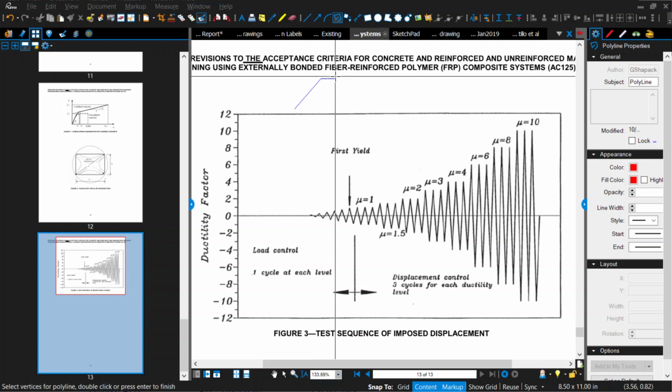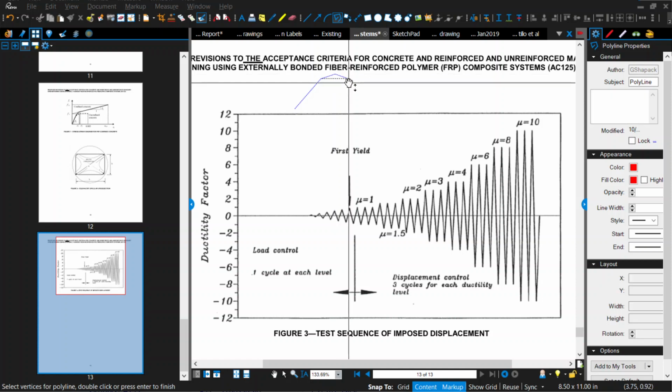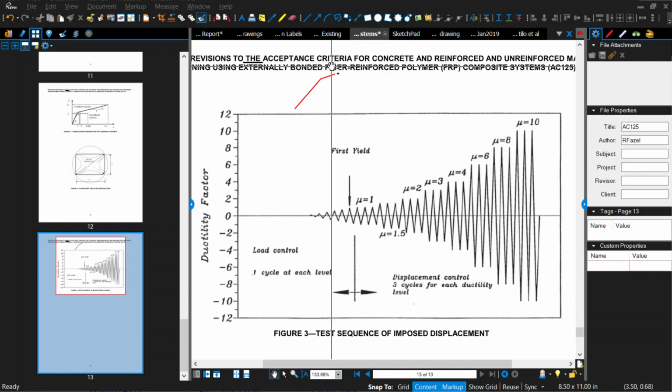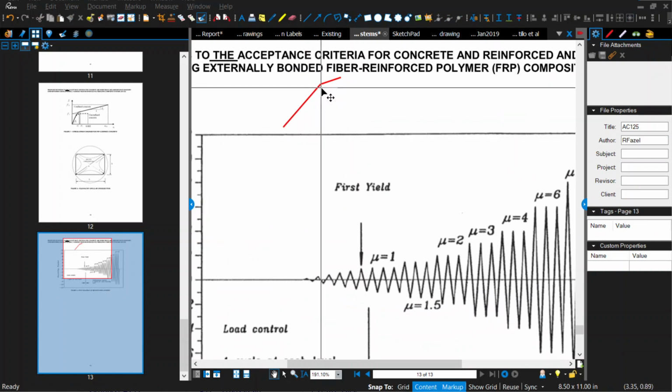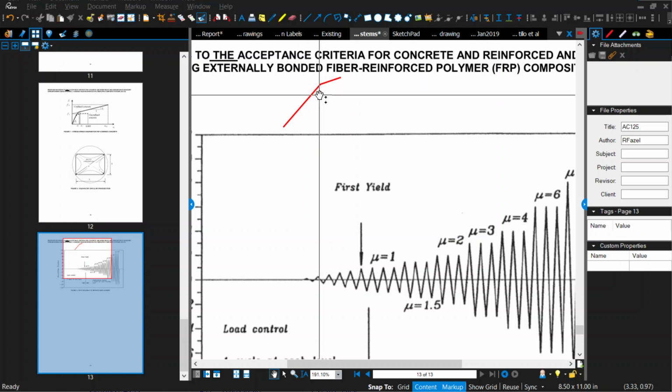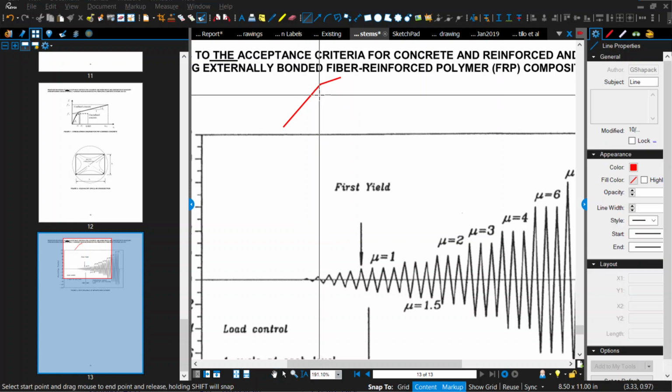The load and displacement increase the same, and then at some point that changes. If you're looking at displacement and load, whenever it starts to soften, it's not linear anymore. When it starts to yield, you define that as your yield point.